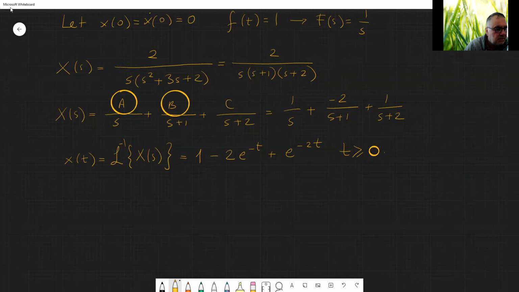Secondly, there are the problem cases: if the roots are repeated, that is a problem. If the roots of this equation are repeated, or if you have complex roots, that's also a problem. So we will have to look at these problems the next time.